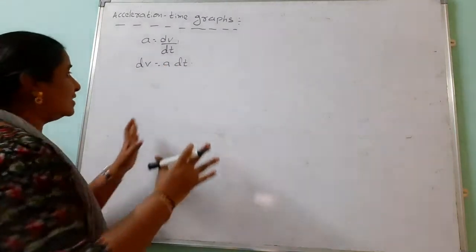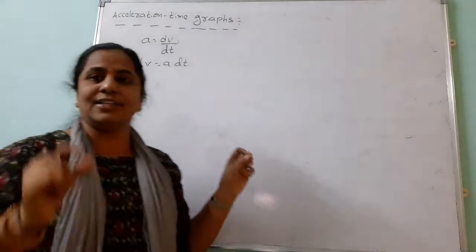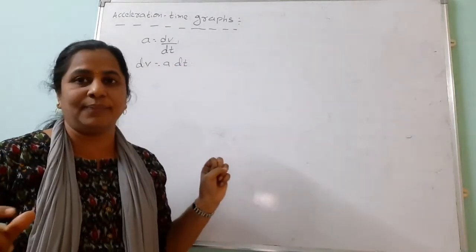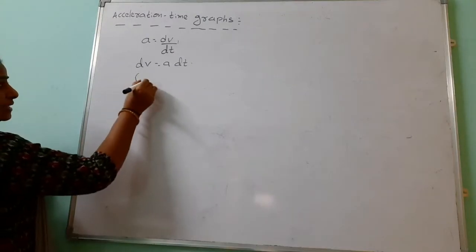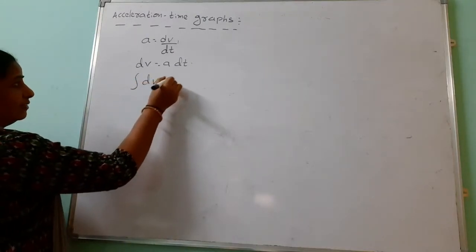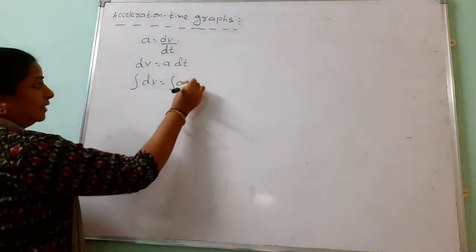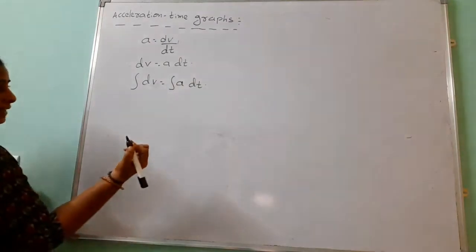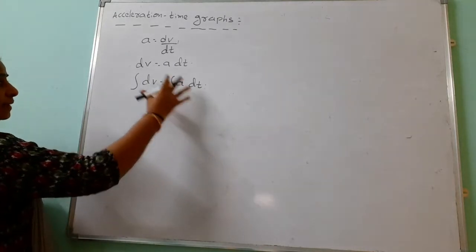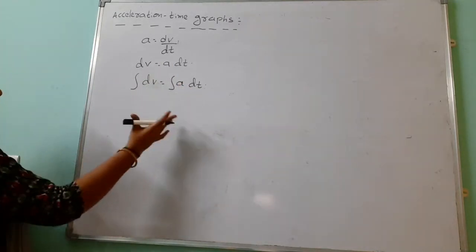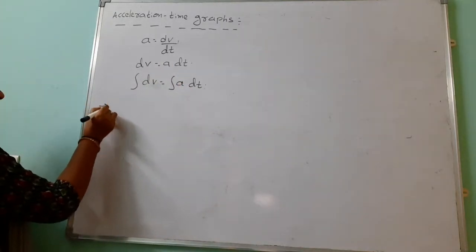From this, the area under the acceleration time graph gives the velocity. Taking integration on both sides, the integral of dv equals the integral of a dt. So when we draw the graph between acceleration and time, the area under it gives the velocity, or the change in velocity.